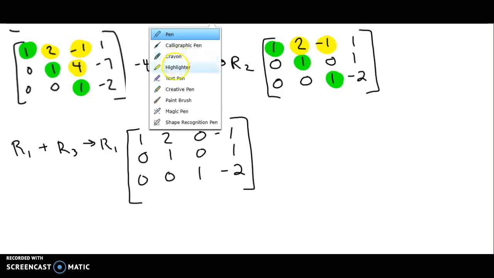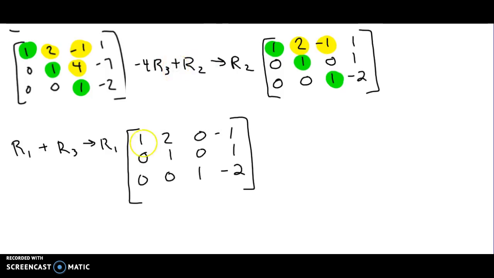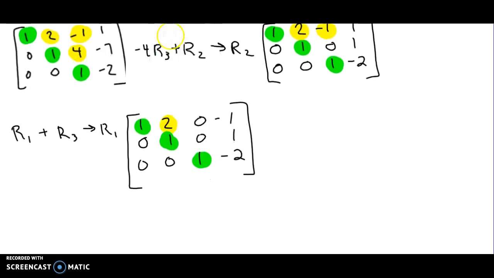So again, I'm going to highlight those leading entries, which are 1, and I'm also going to highlight the value that I want to make 0. My last portion I need to work with is the value of 2. I want to make 2 into 0. So I'm going to multiply -2 by R2, row 2, and add that to row 1, and that will give me what I need for row 1.